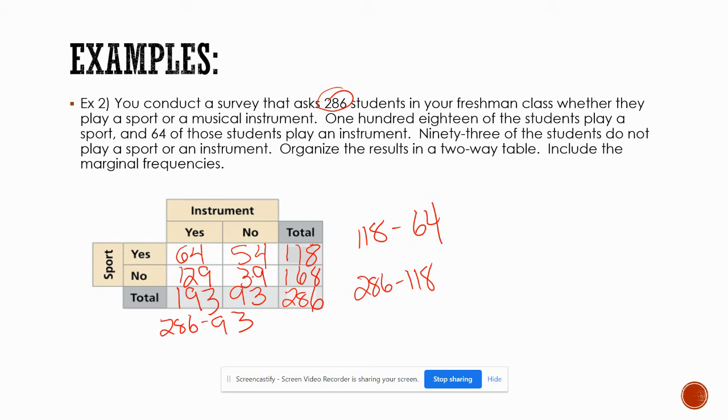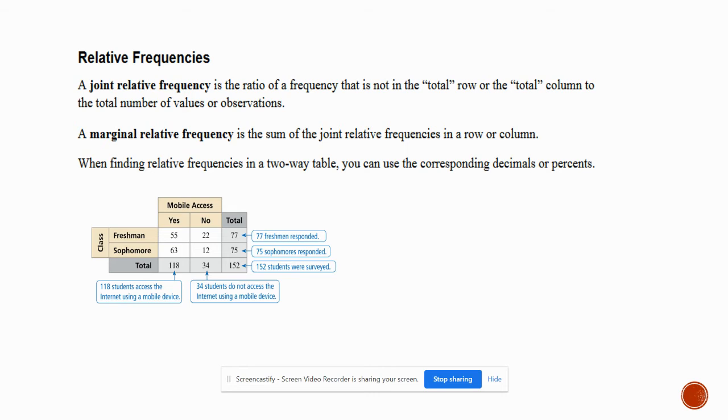Add 129 plus 39 and make sure it equals that 168, and it does. You try the P2 on the back of your page.